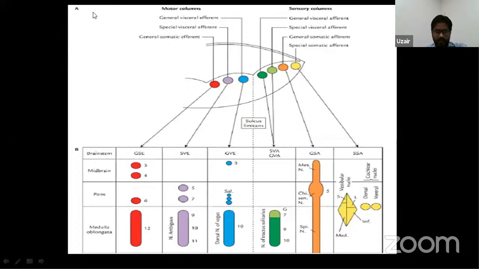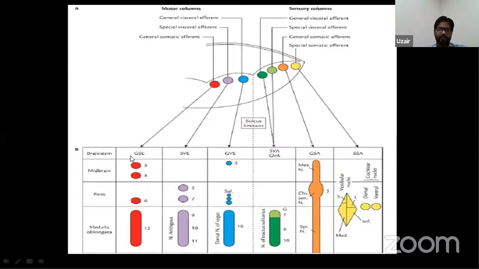Okay, now this is an embryonic representation of the arrangement of the cranial nerve nuclei inside the brainstem. On the left side, we can appreciate the motor columns. On the right side, we can appreciate the sensory columns. This is only a pictorial representation. So here we can see the red color that goes as general somatic efferent.